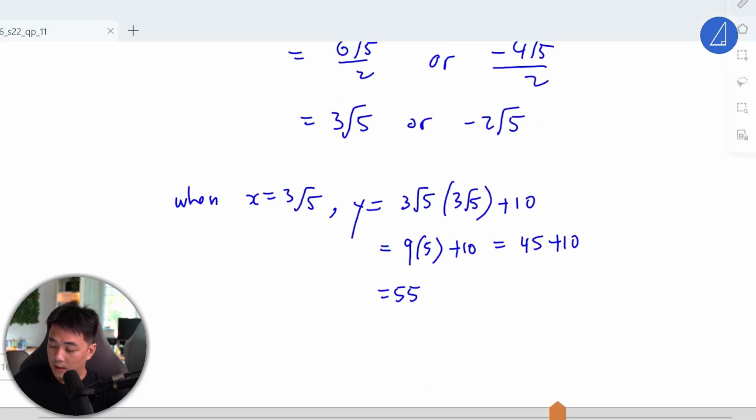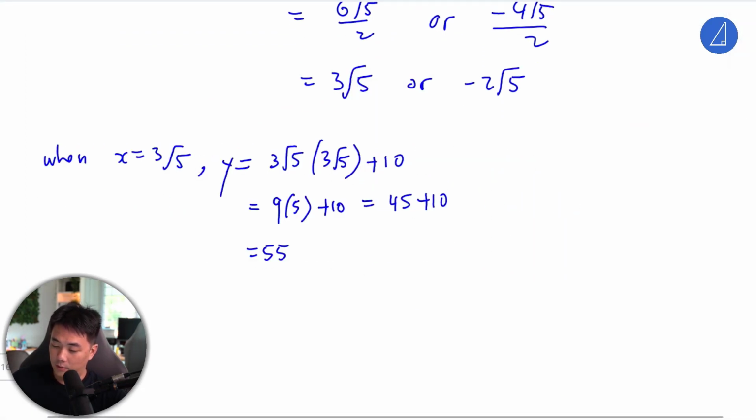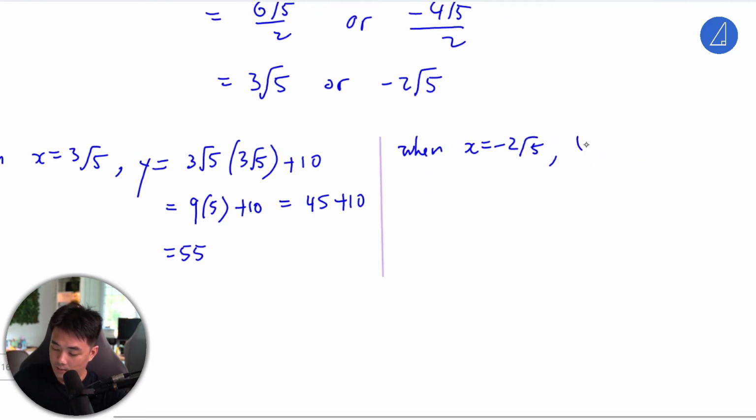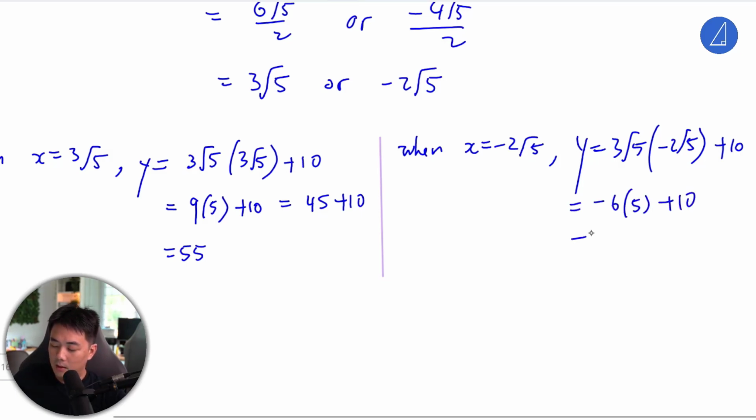Then I'm going to do the other one, which is when x equals minus 2 root 5, we have got y equals 3 root 5 times minus 2 root 5 plus 10. That will be minus 6 multiplied by 5 plus 10, minus 30 plus 10, which is minus 20.